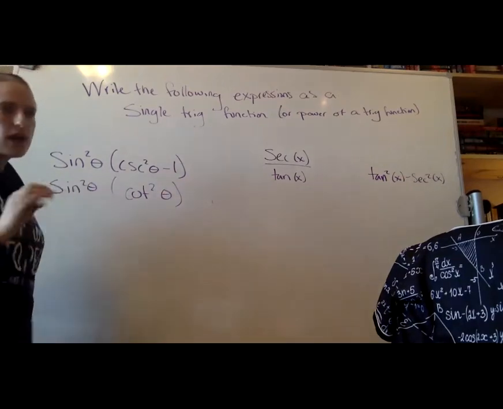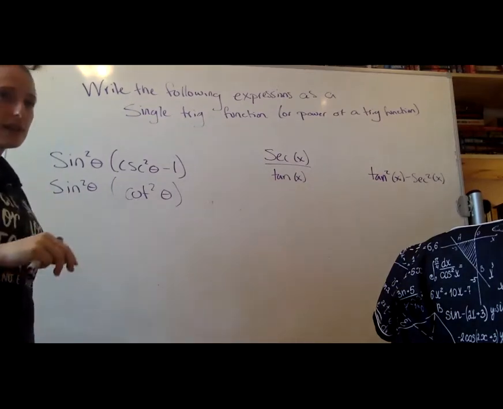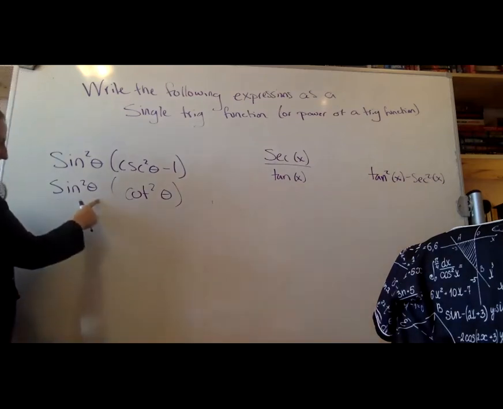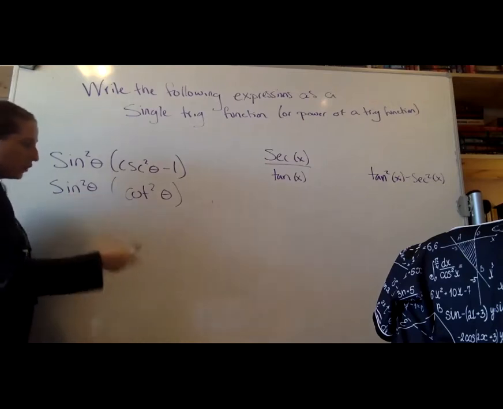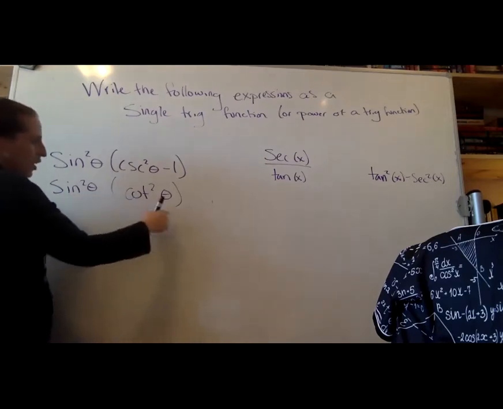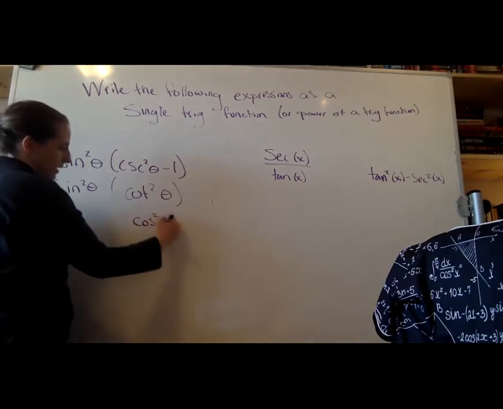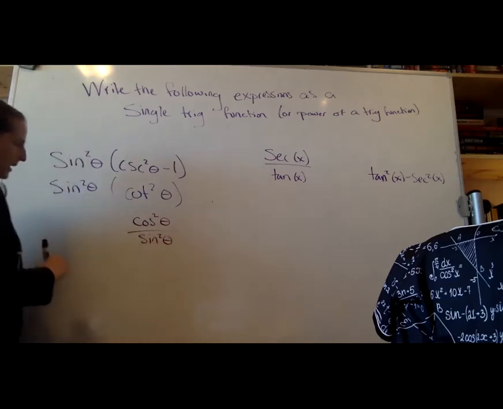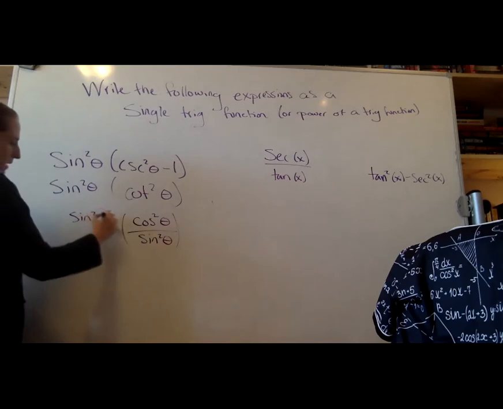So now let's try another big toolbox, the one that I've now mentioned for the third time, and that's rewriting everything as sines and cosines. This is already a sine. Cotangent, remember, is cosine over sine, which means that cotangent squared is going to be cosine squared theta over sine squared theta. We're going to leave our sine squared alone.